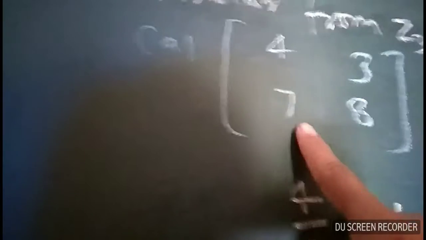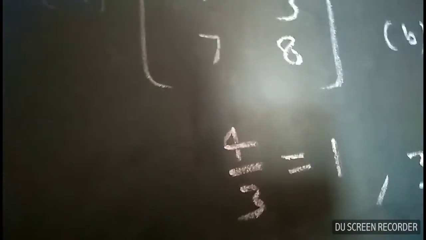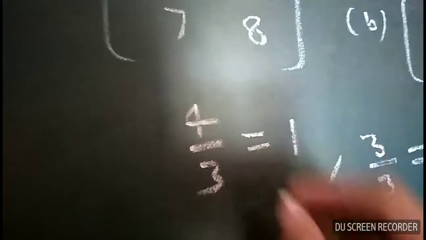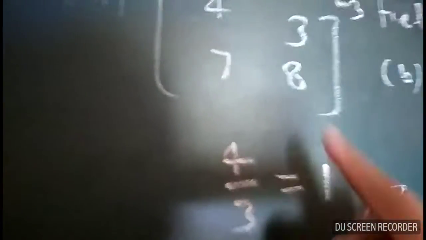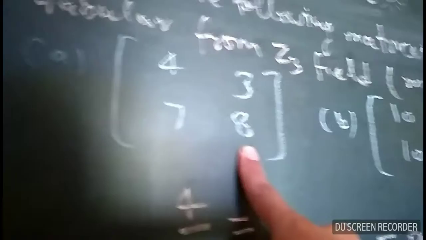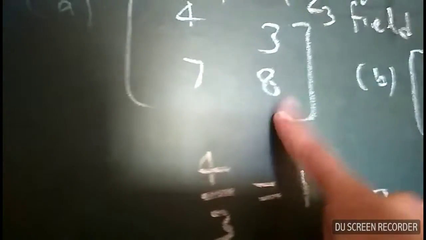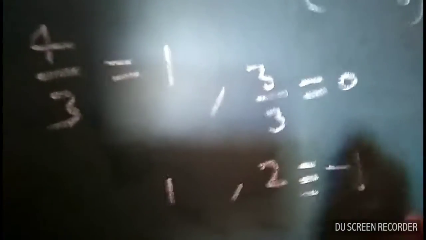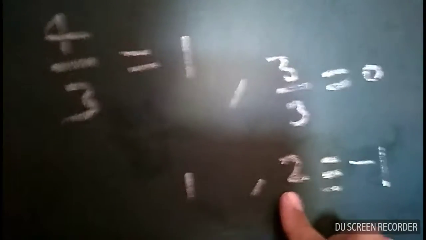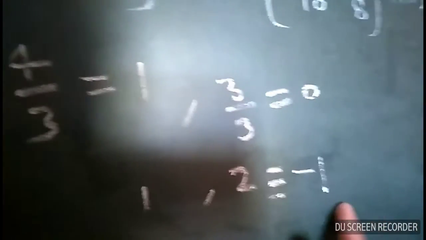Now we divide 7 by 3 to get remainder 1, since 3 times 2 is 6, and when we divide 8 by 3 we get the remainder 2, since 3 times 2 is 6. 2 is equivalent to -1, because when we subtract 3 we get -1.